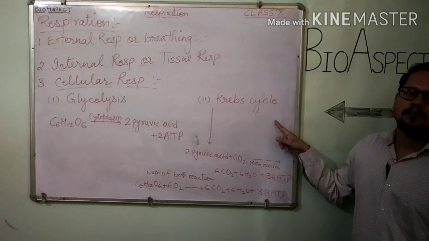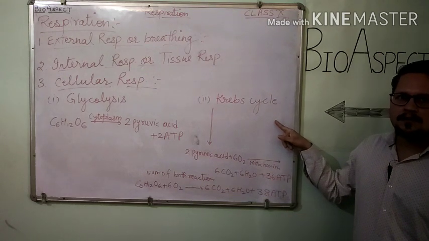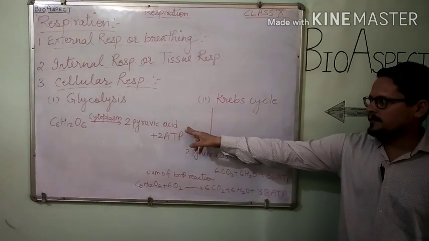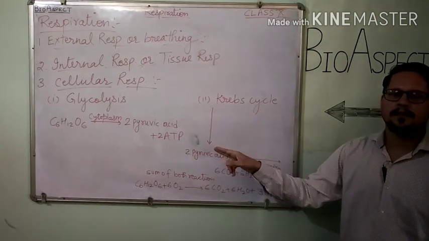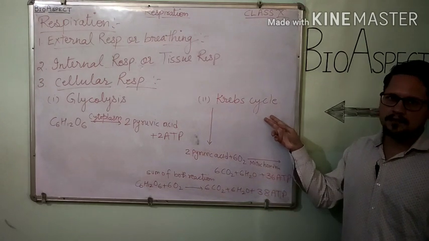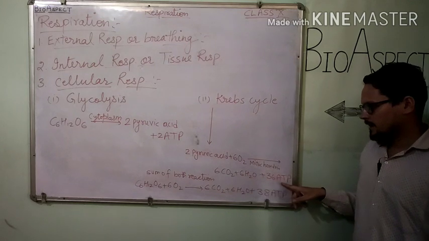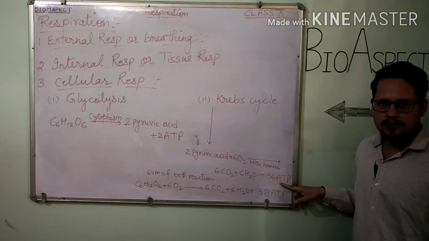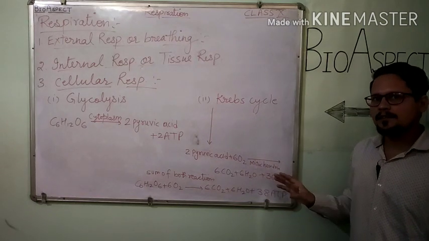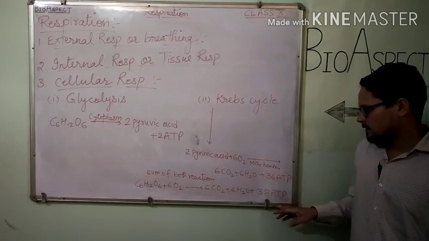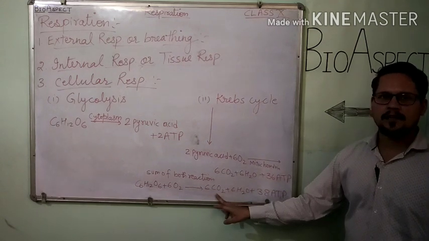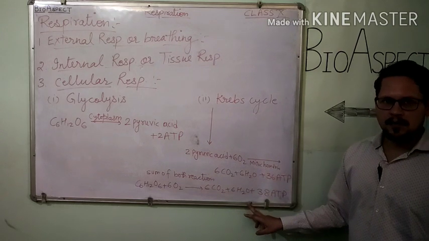This reaction is completed in the presence of oxygen inside the mitochondria of the cell. The pyruvic acid, which was formed during glycolysis, enters a series of chemical reactions called the Krebs cycle, in which 36 ATP of energy is produced with carbon dioxide and water. When we sum up these two reactions, we get 38 ATP of energy and carbon dioxide and water as byproducts.